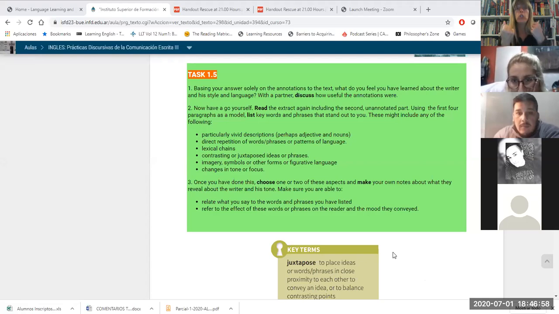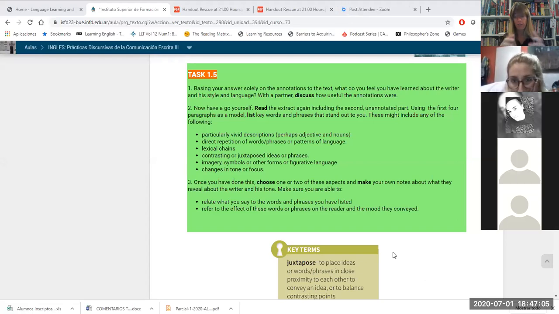Okay. So what you have to do is to do the same. So I read the second part of the text, sorry, of the fragment, and I said, okay, here I can see that there is a metaphor, or there are lexical chains here, or this is a symbol for, or I don't know, direct repetitions, or the use of substitution.